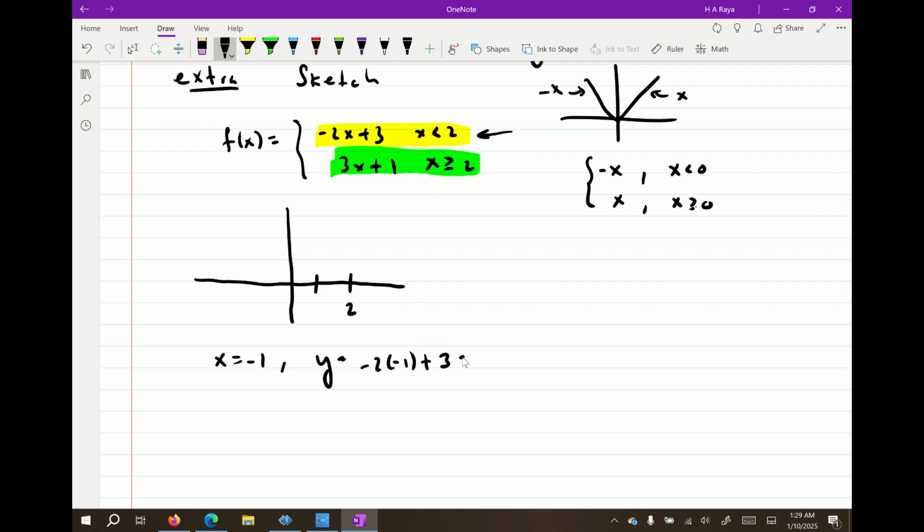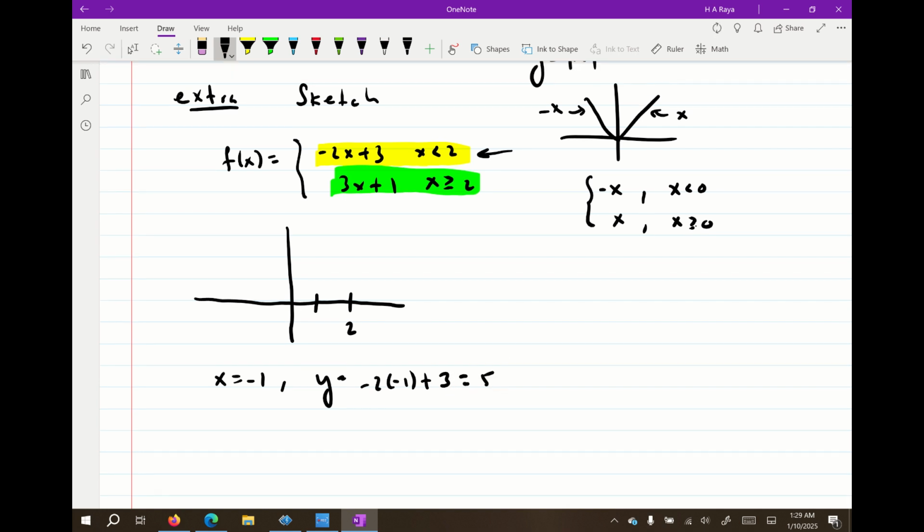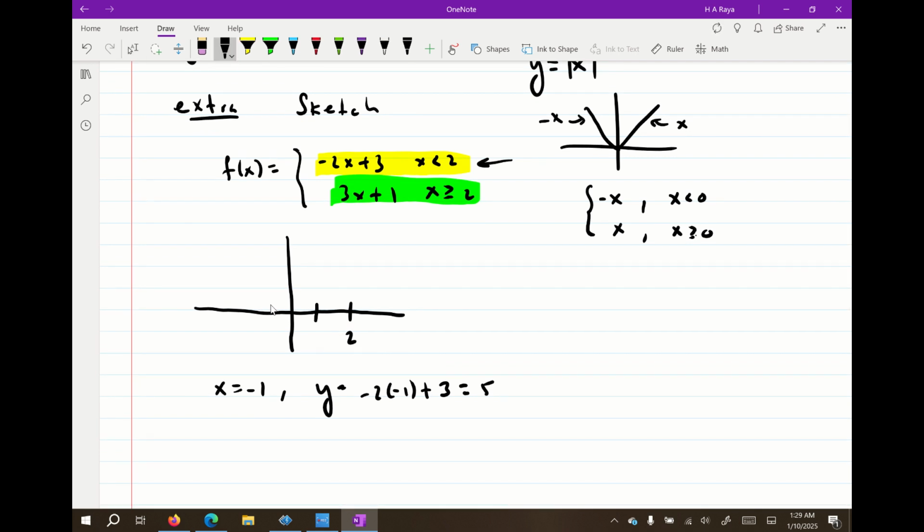You get 2 plus 3, that gives you 5. So we have negative 1 comma 5. So this is one of the points that we have on the left-hand side.